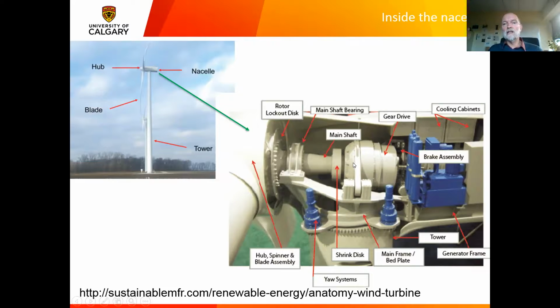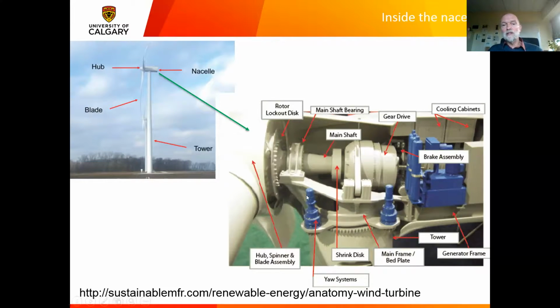And that gearbox changes the speed of the shaft of the wind turbine, so that when it goes into the generator to produce electricity, which is unfortunately hidden by these blue components here, the generator behind what's labeled as a brake assembly is where the electricity is made.